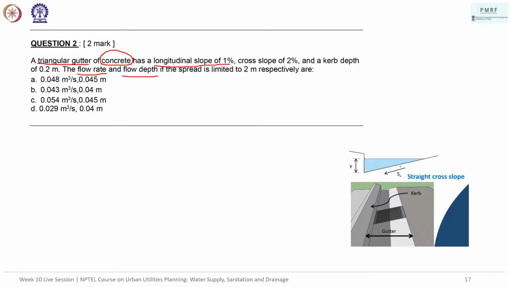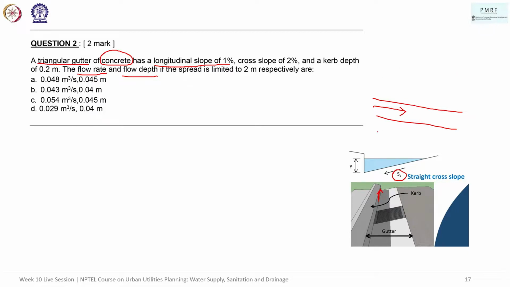So there are two kinds of slopes in a triangular gutter. One is this slope when you cut a cross section, and this slope is Sx, right? However, the other one is this slope, if you take the other cross section. This slope is longitudinal, along the gutter. Yes, exactly. So this one is cross sectional and that is longitudinal.